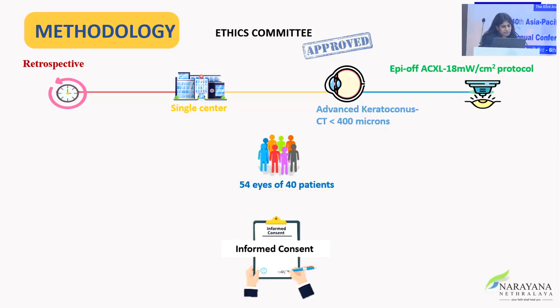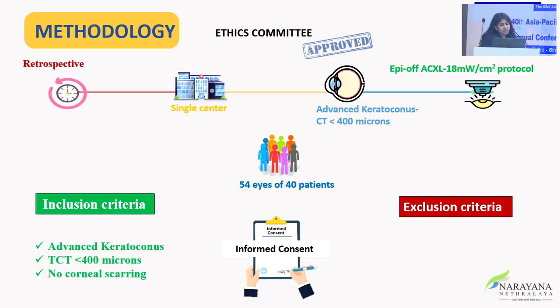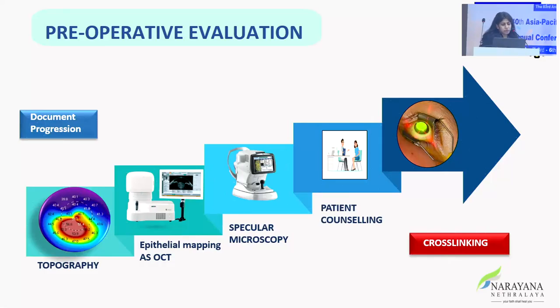The study population consists of 54 eyes of 40 patients after taking informed consent. Patients with advanced keratoconus with thinnest corneal pachymetry less than 400 microns and no corneal scarring were included, while patients with any active ocular surface allergy, corneal scarring, and corneal thickness more than 400 microns were excluded.